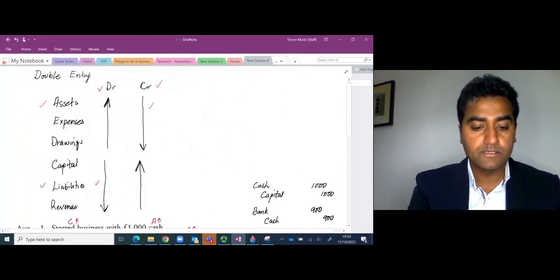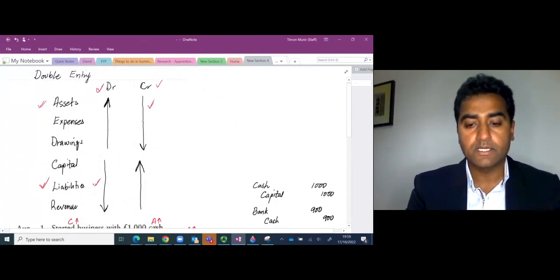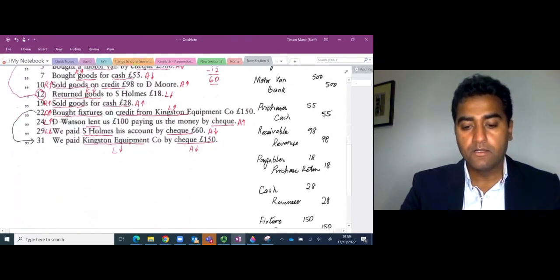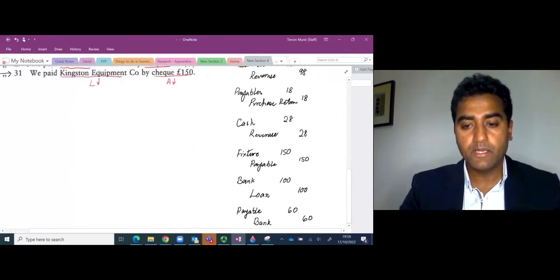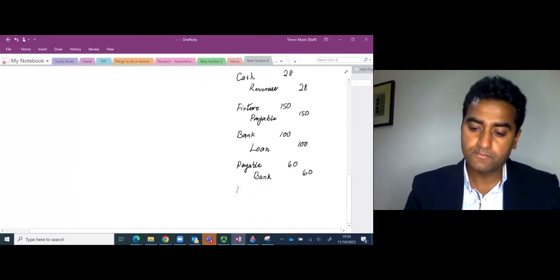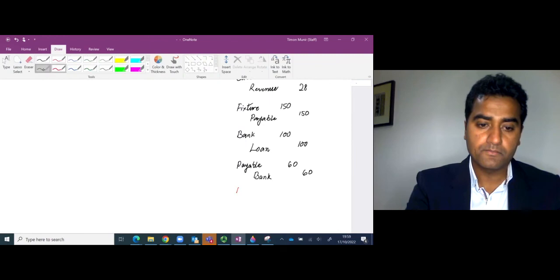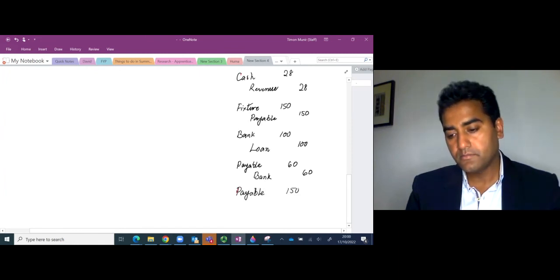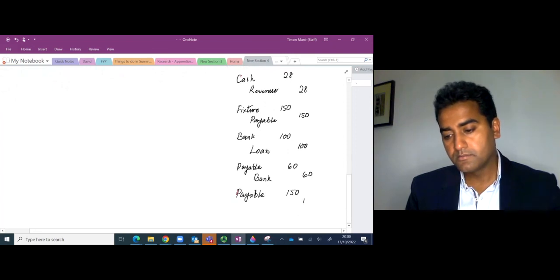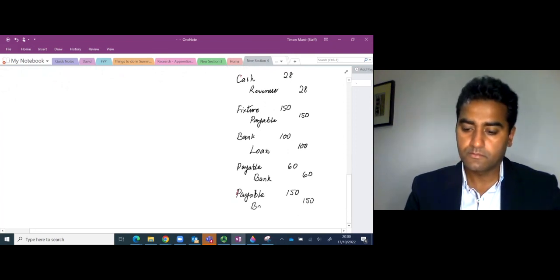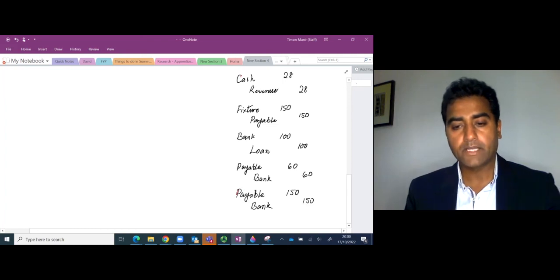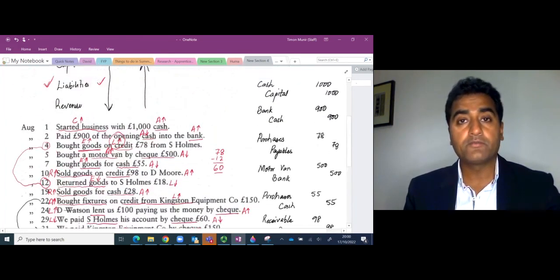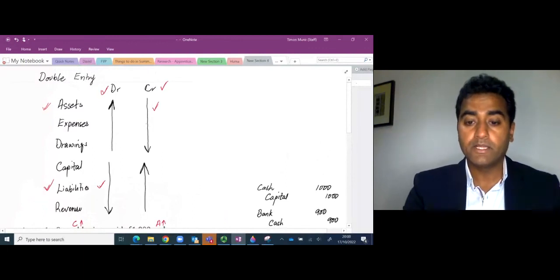When there is a decrease in liability, it is debit. Whenever there is a decrease in asset, it is credit. Therefore, my double entry will be payables debit, bank credit.